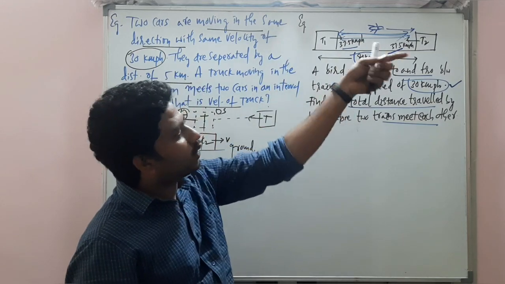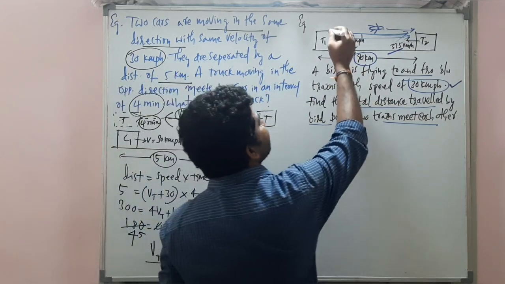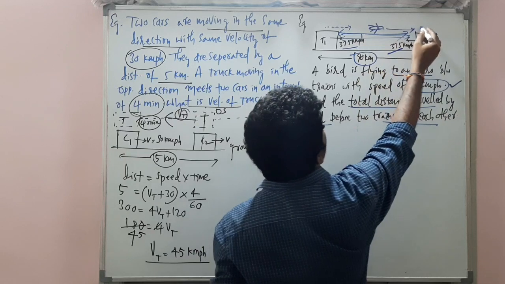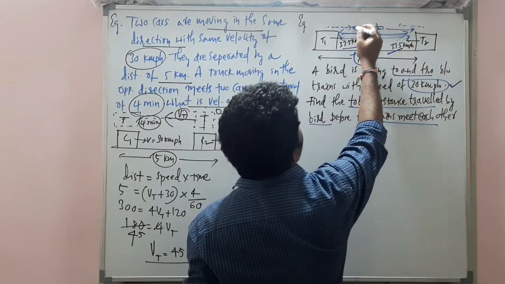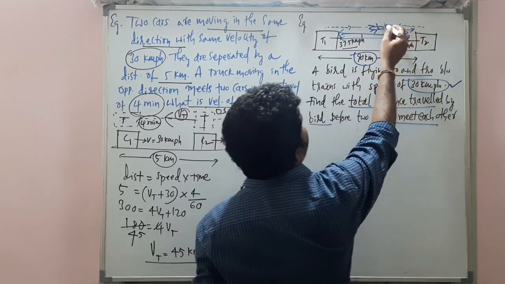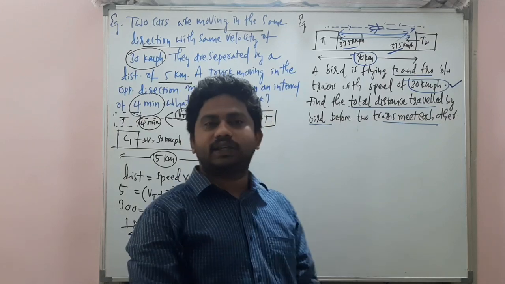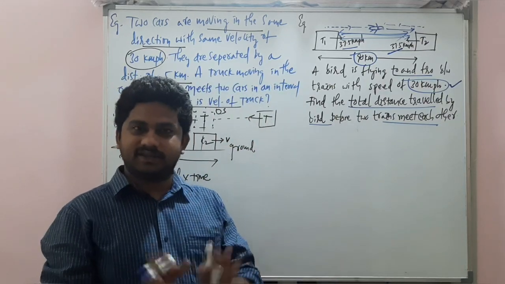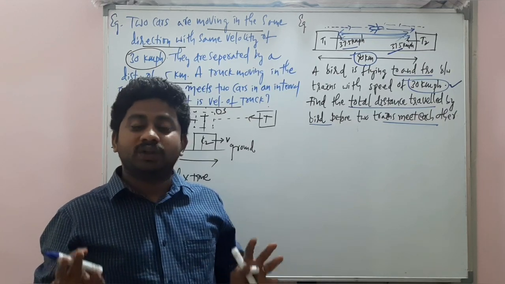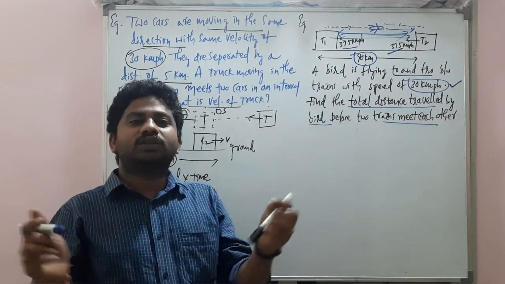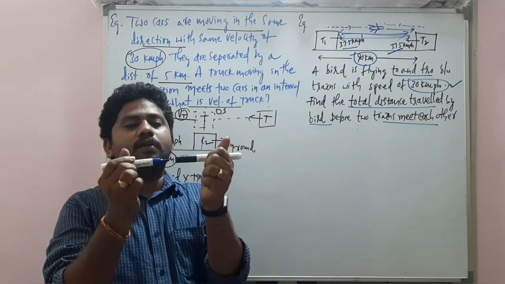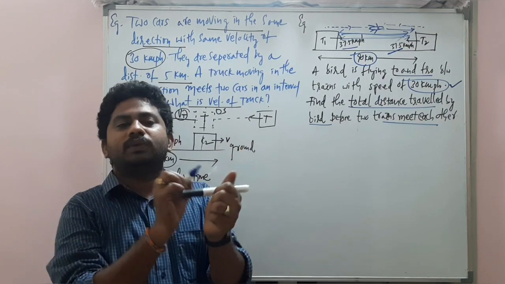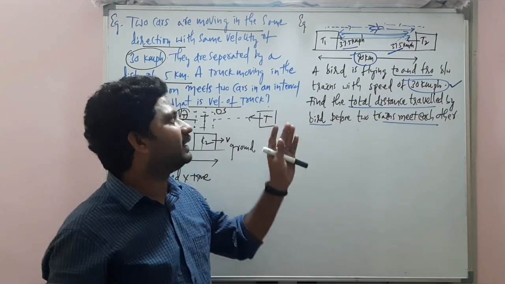As it is making to and fro motion, at the same instant, the trains are getting very closer. Yes or no? The trains are coming very closer. At one instant, it cannot do to and fro. It will fly off, otherwise it will die. Yes or no? So, till the time both the trains reach the meeting point, how much is the distance traveled by this bird?